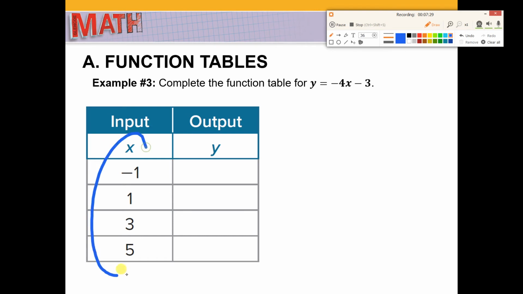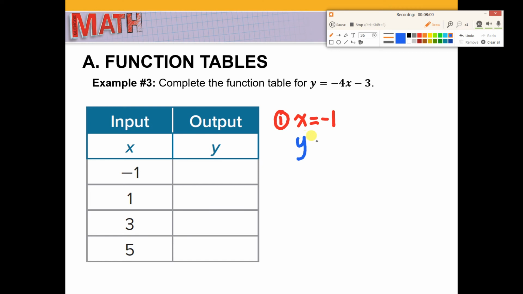So we have here the input values. So these are the x, or these are the numbers that we will exchange with the x in our equation. So let's do that on this solution part. Okay, so the first one, when x is equal to negative 1, it means that I have to exchange this x with negative 1.